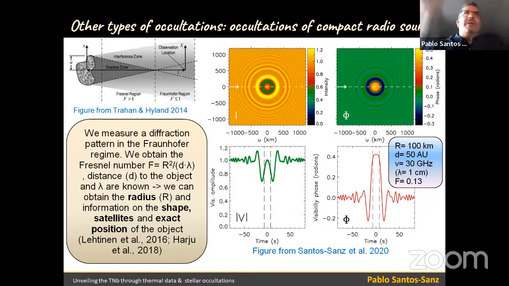There is also another type of occultation that I'm starting to explore, occultations of compact radio sources. This is really interesting because with only one chord, we can obtain the size of the object.